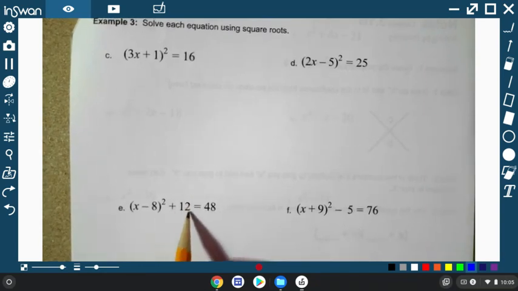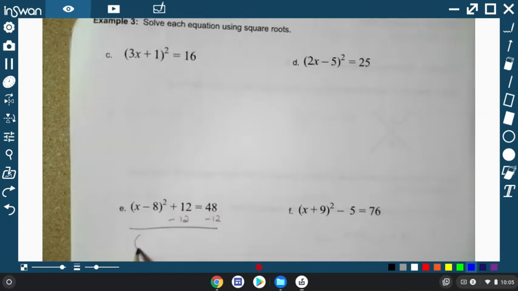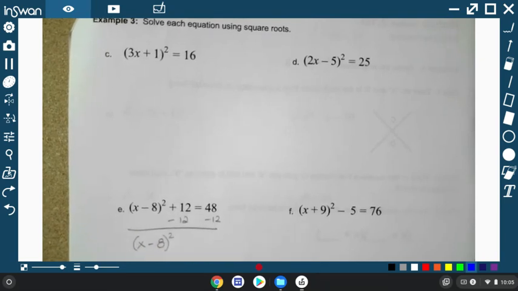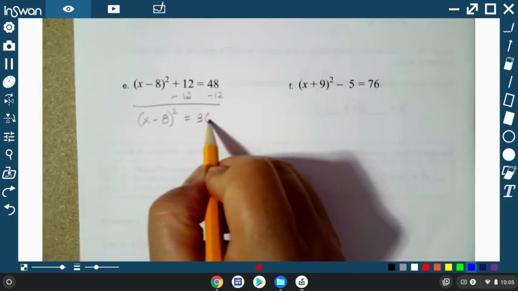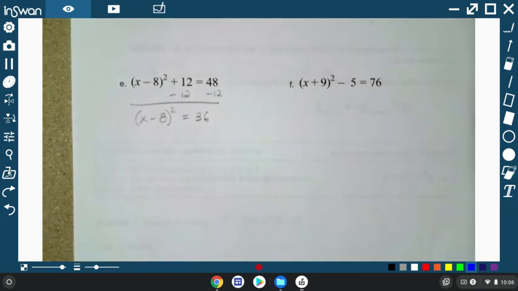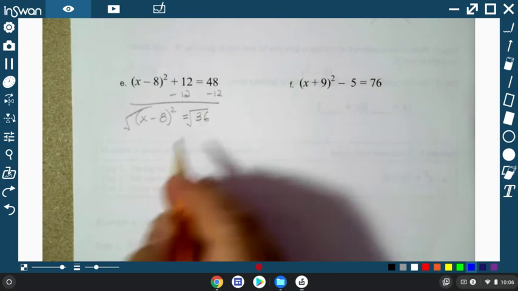For this one, I can't square root until I undo and isolate. So I'm going to subtract 12 on both sides first. I leave this because I did not square root yet, so that stays until I do square root. And if I subtract, I get 36. Now this one looks just like letters A and B in example 3. Now I'm going to square root both sides.